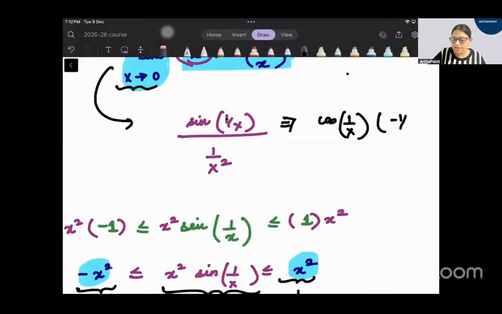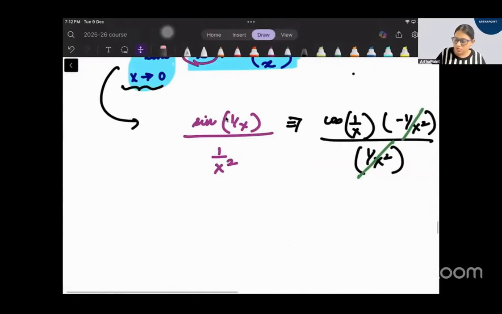Differentiation of 1 by x is minus 1 by x square, upon 1 by x square. This will cancel out. This will give you minus cos 1 by x, right? And you can just go ahead and apply it.